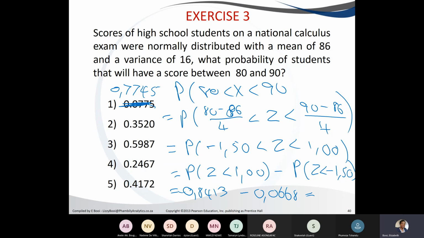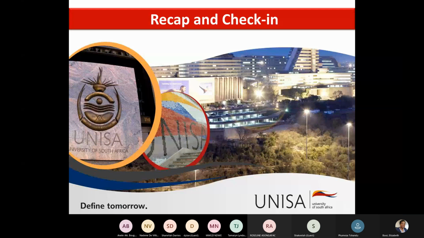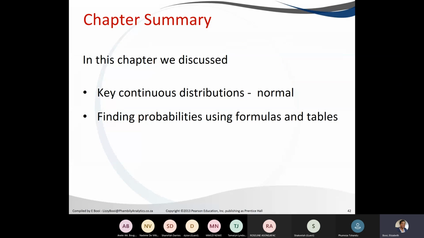Just to recap on what we did, we looked at how we calculate the probabilities, especially how to first standardize the distribution by using the Z-score, and then calculated the probability of Z less than the value, which we find on the table, and we calculated the probability of Z greater than the value, which we find, let me write it here.